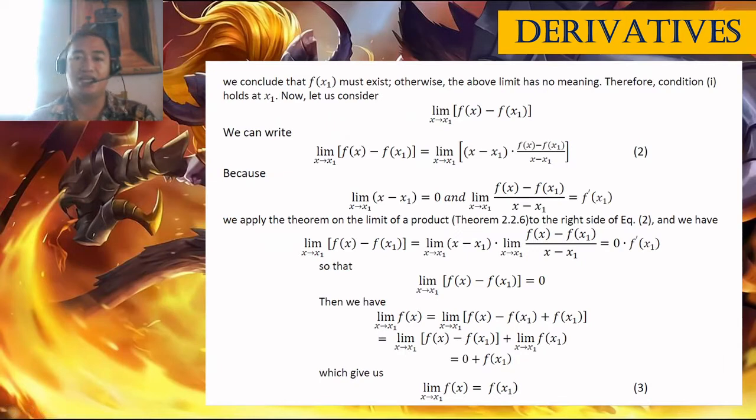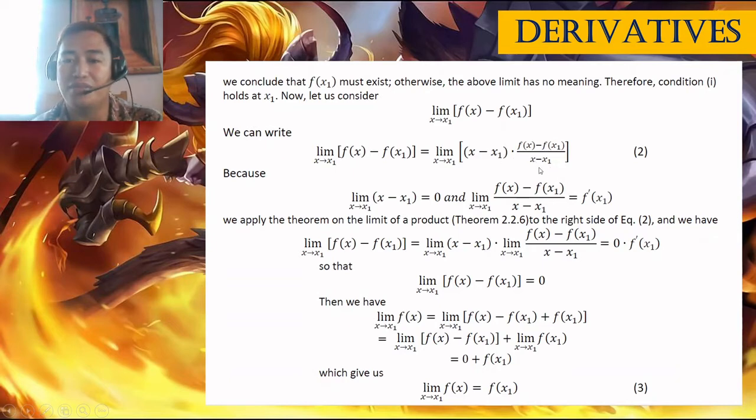Now, let us consider the limit of f of x minus f of x sub 1 as x approaches x sub 1. This is what we will solve. We multiply by x minus x sub 1 over x minus x sub 1.